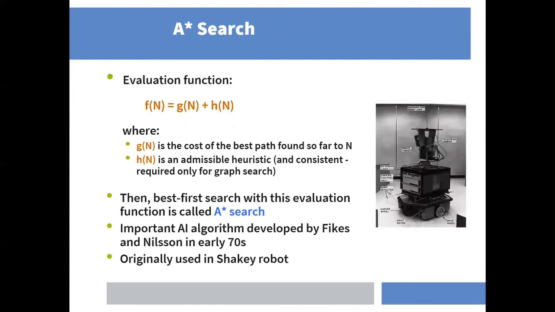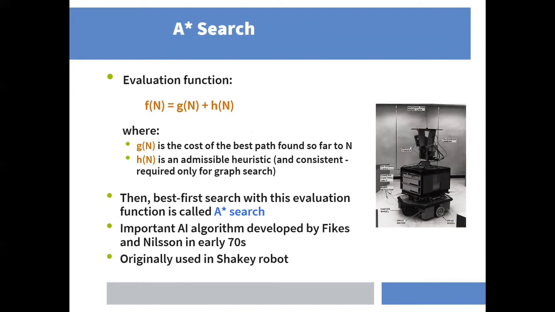If the evaluation function f of n equals g of n plus h of n, where g of n is the cost of the best path to n, and h of n is an admissible heuristic, then the best first search with this evaluation function is called A-star search.